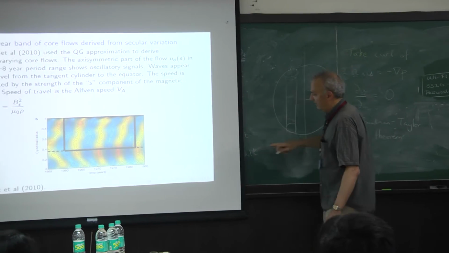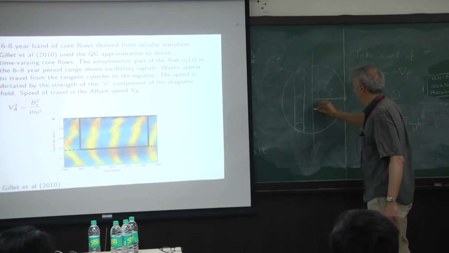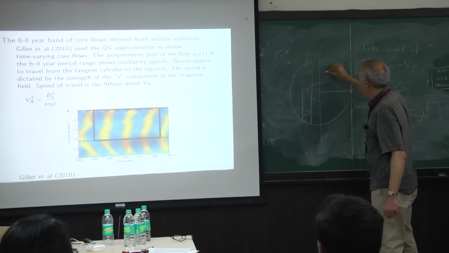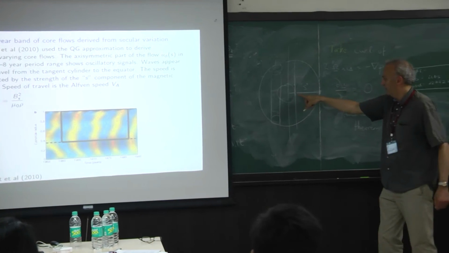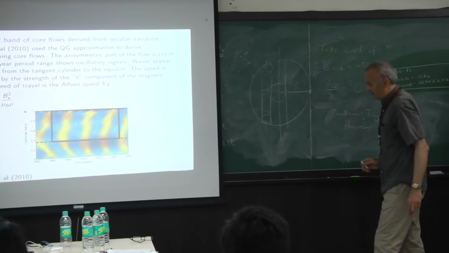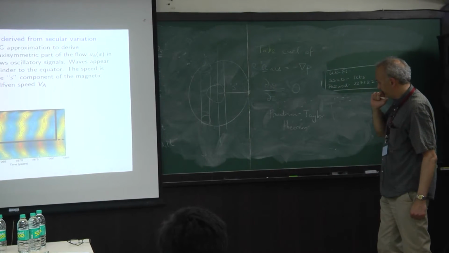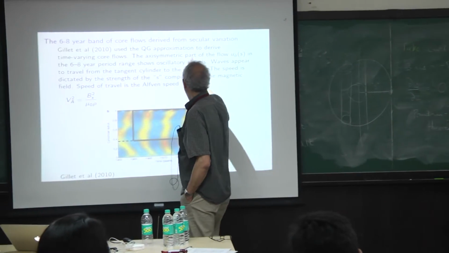And this solid black line here is this S position here, which is just equivalent to the tangent cylinder that fits over the inner core. So that's what they saw in the u phi.